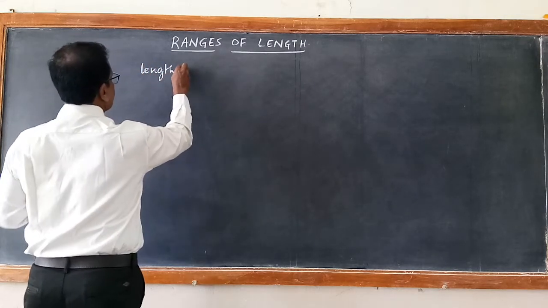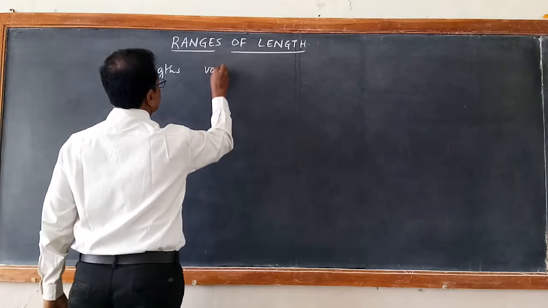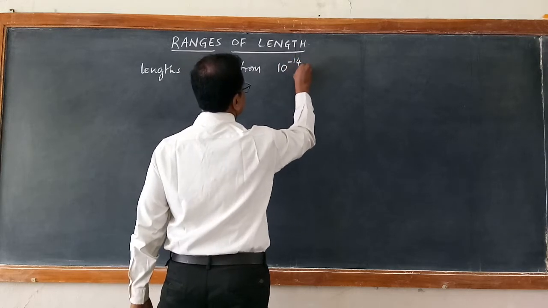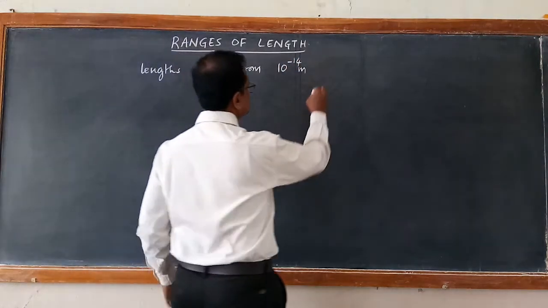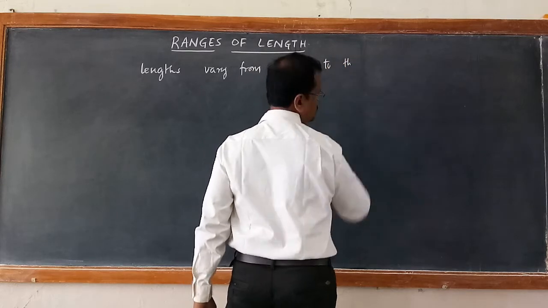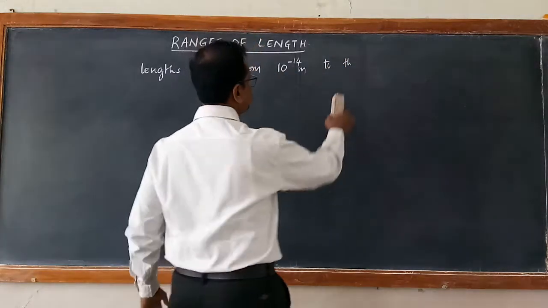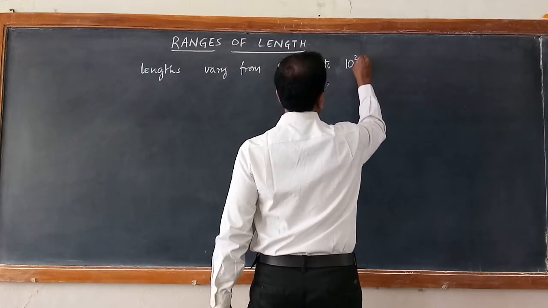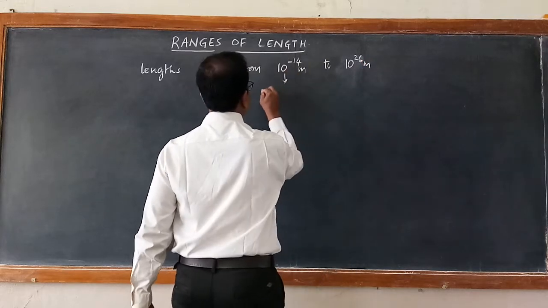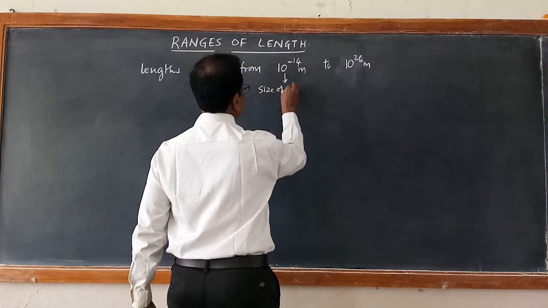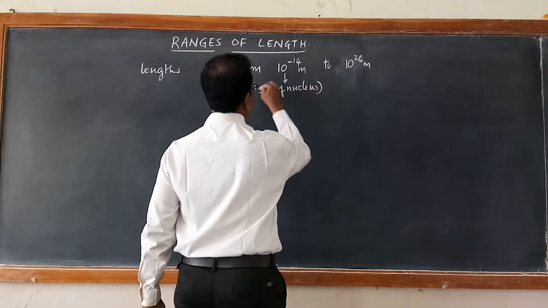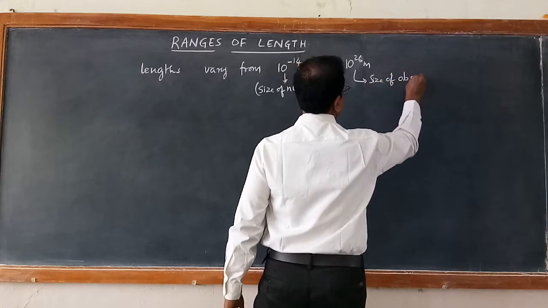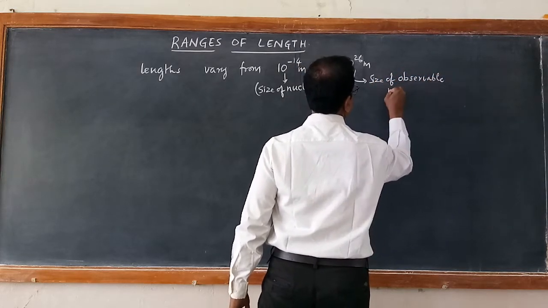The lengths vary from 10 to the power of minus 14 meter, that is the size of the nucleus, to 10 to the power of 26 meter, the size of the observable universe.